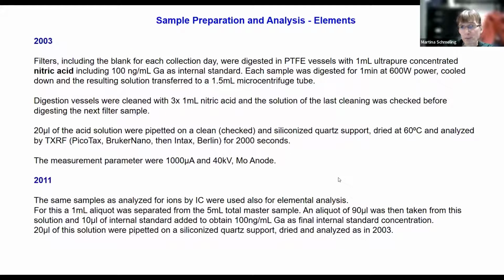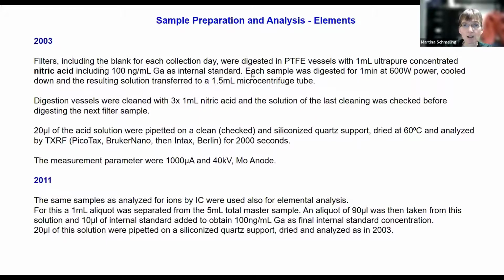So how were the samples prepared? For 2011, we had the same preparation for ions and elements alike, not exactly, but the first section. Whereas in 2003, because we have 2 different sets of filters, we started with the elements.